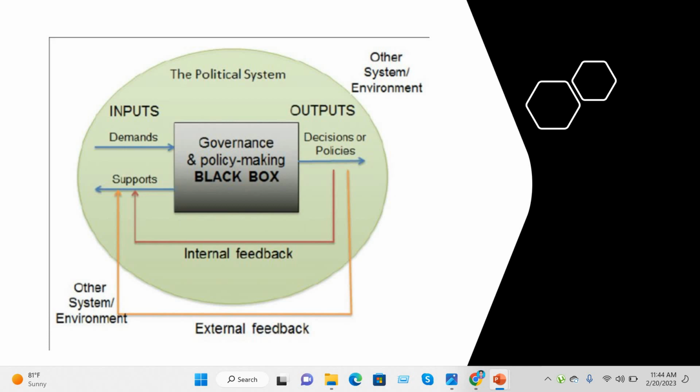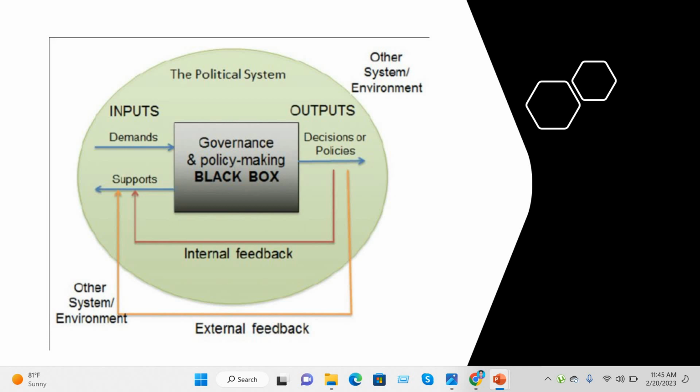Here you can also see the main themes: political system, other systems, environment, and inputs, which are demand and support. The governance and policy making is called the black box, and decision, policy or law making comes out of it. Then there is firstly internal feedback, repeated, and secondly external feedback.